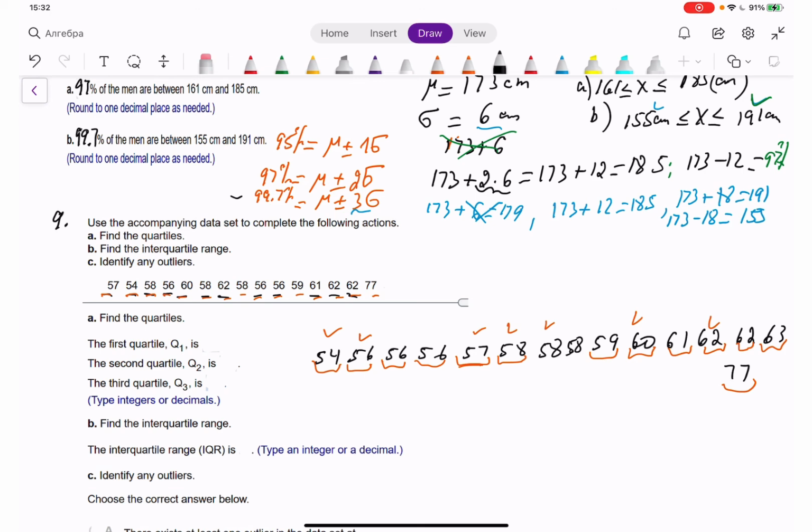Now we need to find the first quartile. To find the first quartile, second quartile, and interquartile range, first we need to find the median, which is the second quartile. If we have a total of 15, the 8th element is going to be our Q2. It is going to be 58.